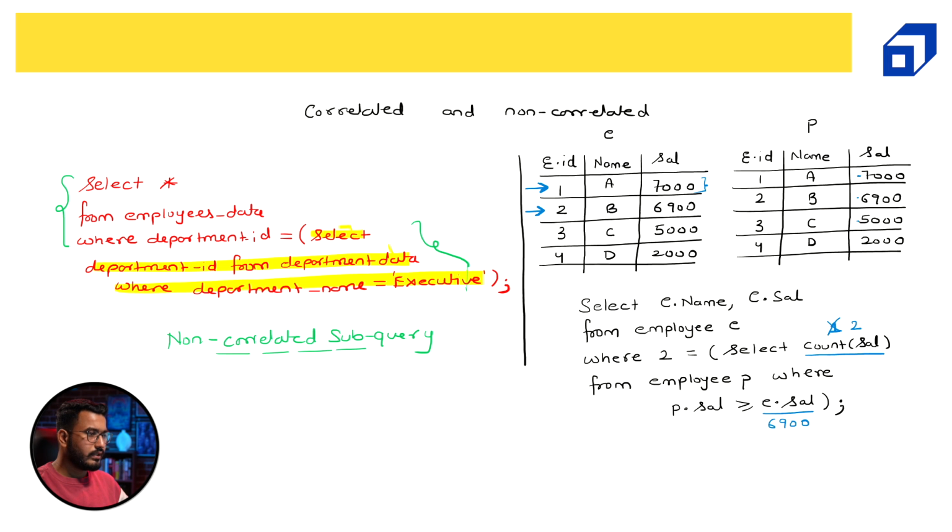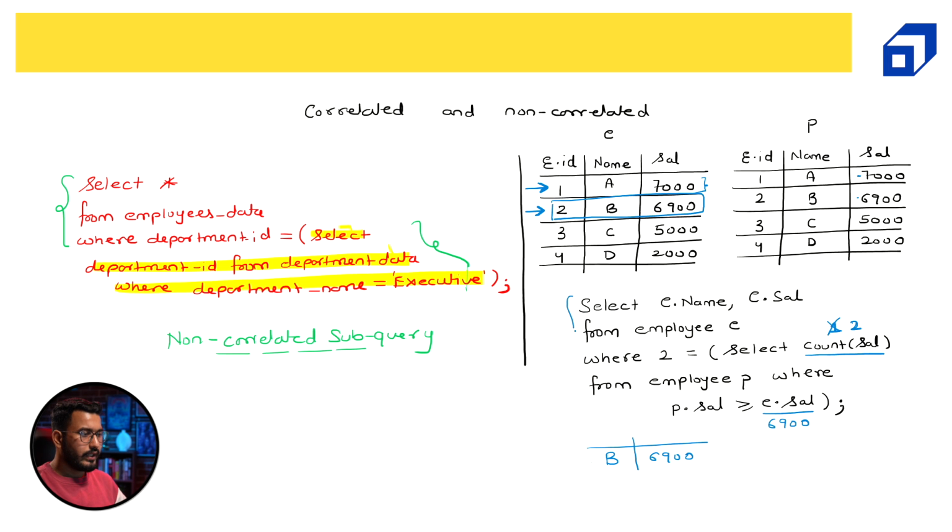Whether 5,000 is greater than or equal to 6,900, no. Whether 2,000 is greater than or equal to 6,900, no. Now I'll get 2, and 2 is equal to 2. The condition has matched, so my output will be this particular row: E dot name, which is B, and salary, which is 6,900.